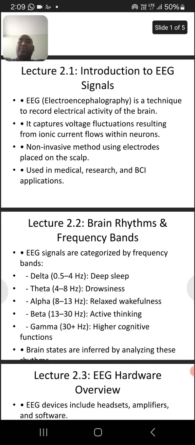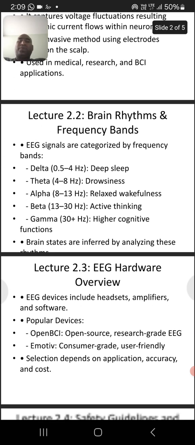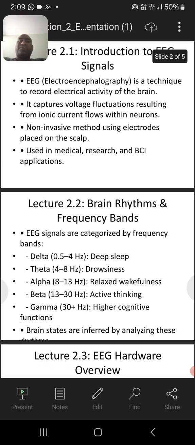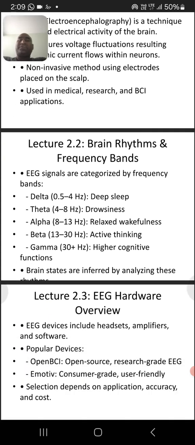It is a non-invasive method, generally using electrodes placed on the skull. We already discussed this, and it is also used in medical research and BCI applications.